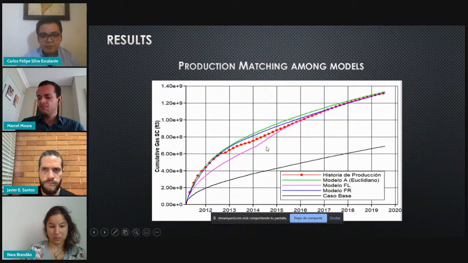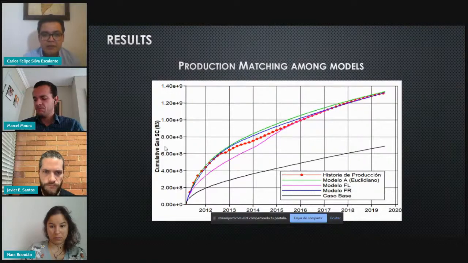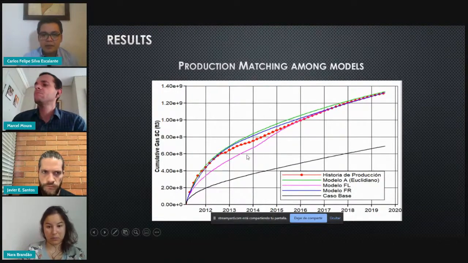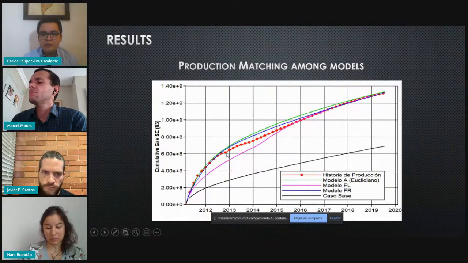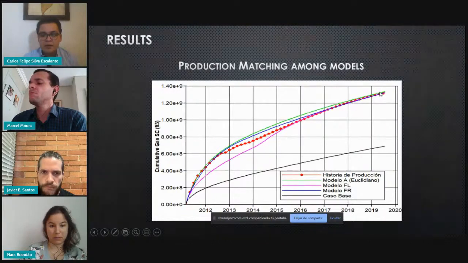In this image, we can see the history data in red points and the base case in the black line. We can see how the FR model and the Euclidean can match in the early times and late times, and the FL model just in late times.